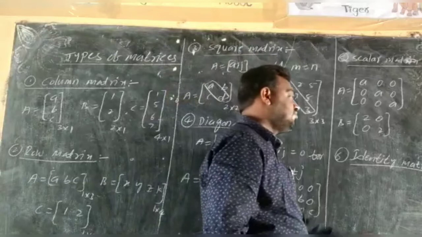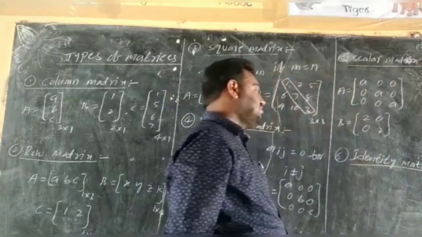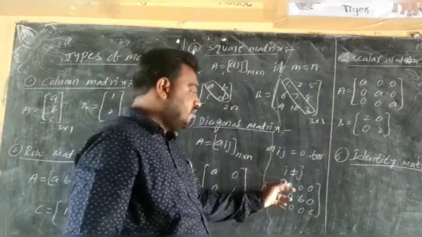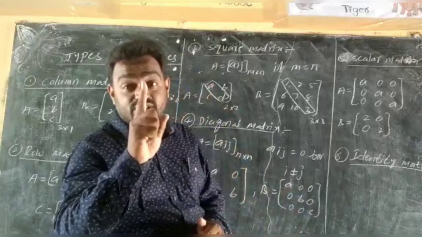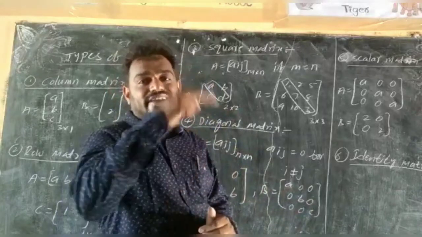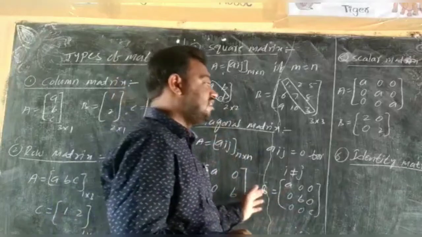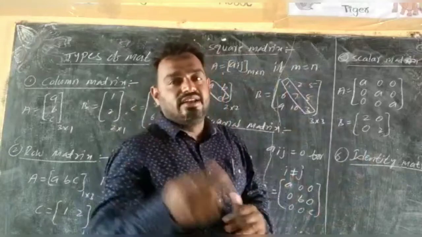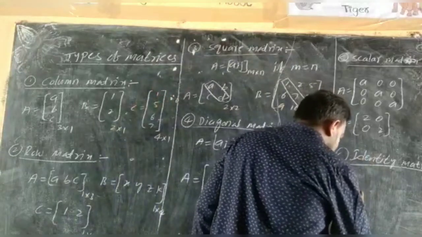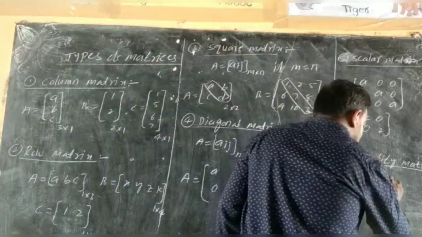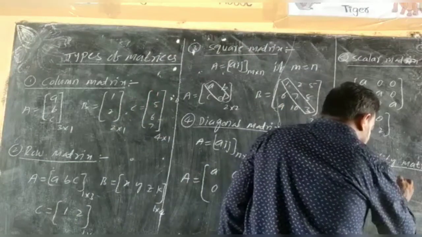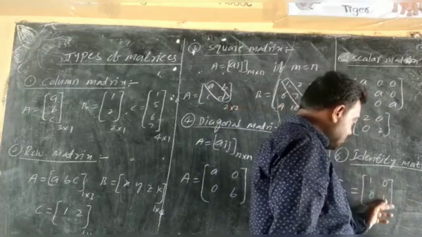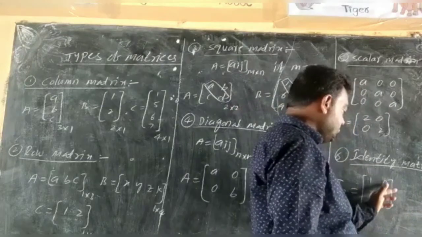Okay. Now coming to the identity matrix. An identity matrix is nothing but a diagonal matrix in which the diagonal elements are equal to 1 and the non-diagonal elements are equal to 0. Generally, we denote the identity matrix by I. You see now I2. I2 means a 2 cross 2 matrix. The diagonal elements are equal to 1 and the non-diagonal elements are equal to 0.